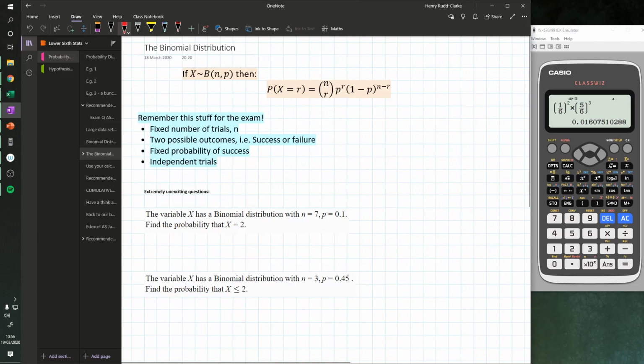So essentially, this is what we have. And there's a bit of lingo here that we need to learn. You'll see these sorts of things in the exam.